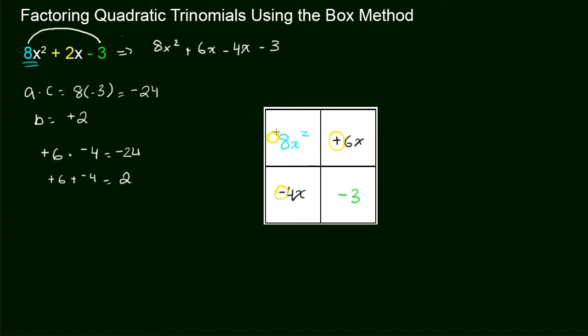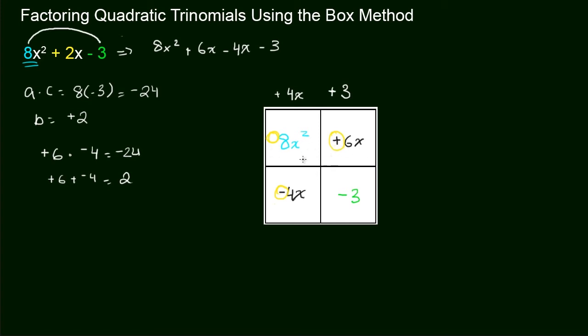Starting over here, this is a positive 8x, which means it's going to be a positive, and then the greatest common factor between 8x squared and 4x is going to be 4x. Looking at this column, this is a +6, so I know that it's going to be a positive. Greatest common factor of 6x and -3, these two are both divisible by 3, so it's just going to be 3. And again, it's positive because the term out here is a +6.